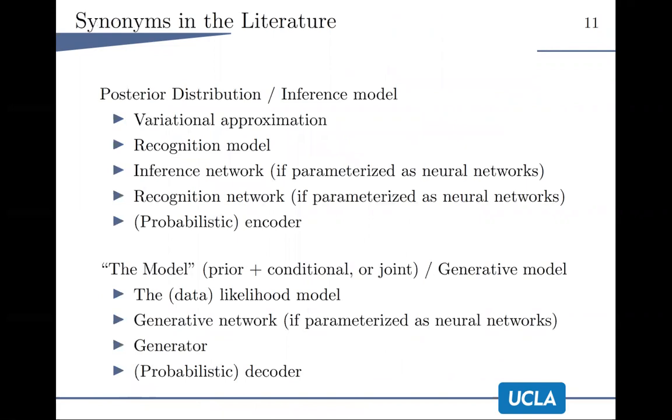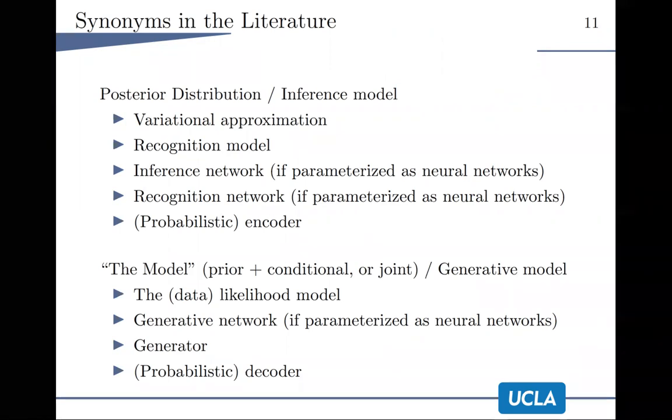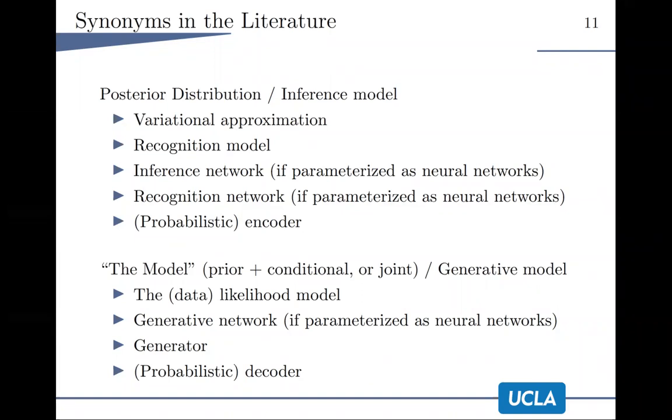There are some synonyms in the literature that most of us might have already come across. For example, we say the posterior distribution, or an inference model, and they have other names like variational approximation, recognition model, inference network, recognition network, or just a probabilistic encoder.